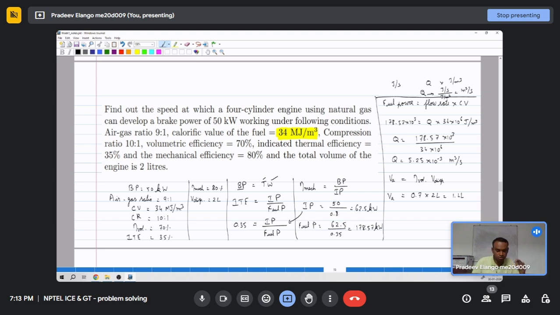Because this natural gas engine is an SI engine, it will go as air and fuel together. So that is why we are given an air fuel ratio. So what we calculated is air fuel mixture, or I will write this as V mix.